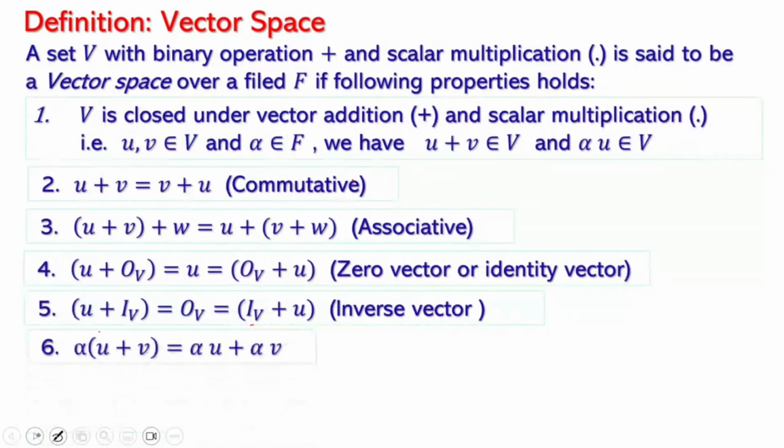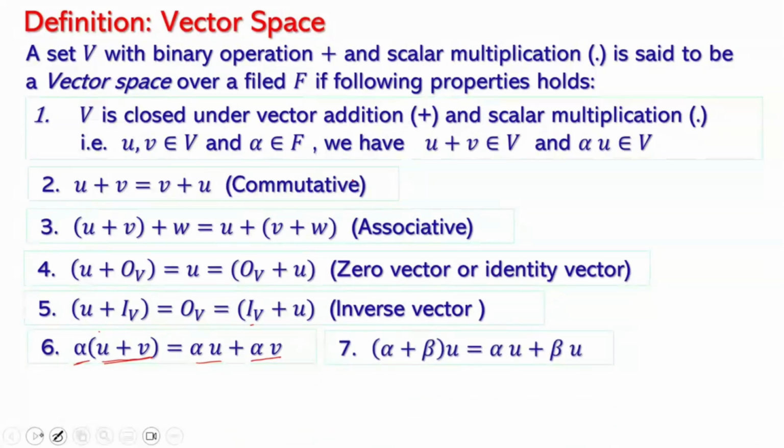Okay, let's have the remaining properties. Property 6 is that the addition, together with scalar multiplication, is distributive. So alpha times u plus v will be alpha u plus alpha v.